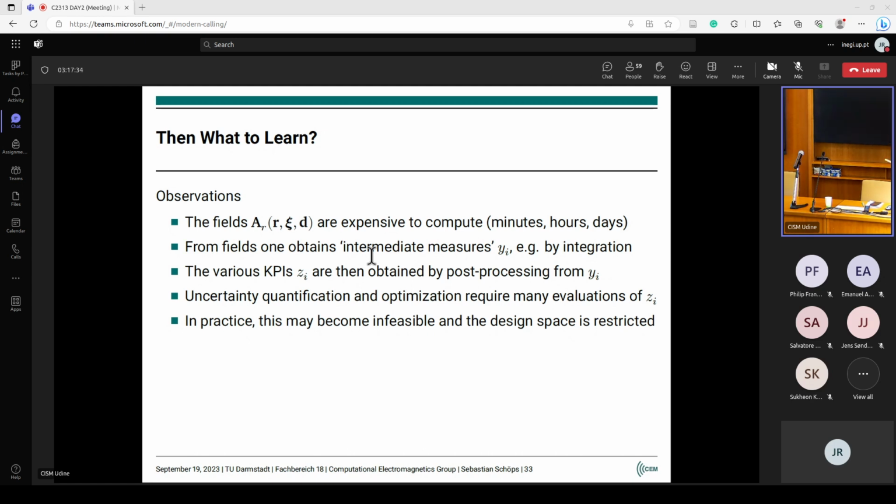That was something we were looking into. So we suggest to not learn all the different KPIs separately, but learn these intermediate measures, and then still use some kind of physics-based workflow to extract the other KPIs from them, because that's a way to keep some of the physics in the loop.